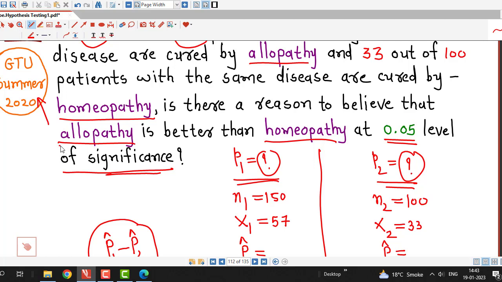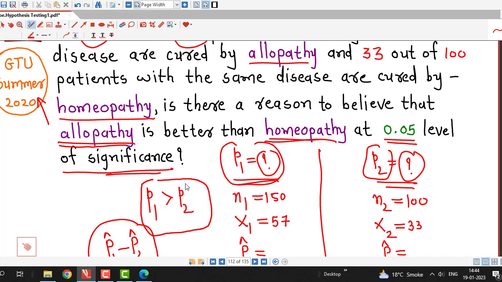So we can say that allopathy is better than homeopathy if the proportion of patients cured by allopathy, that is small p1, is bigger than small p2, which is the proportion of patients cured by homeopathy. If this is true, that p1 is greater than p2, then we can say that there is a reason to believe that allopathy is better than homeopathy.